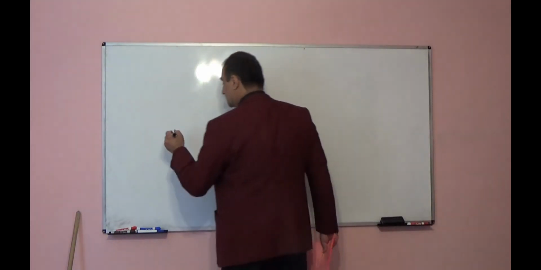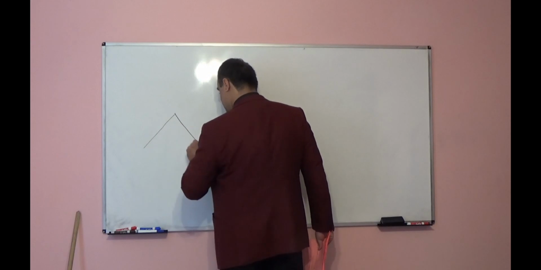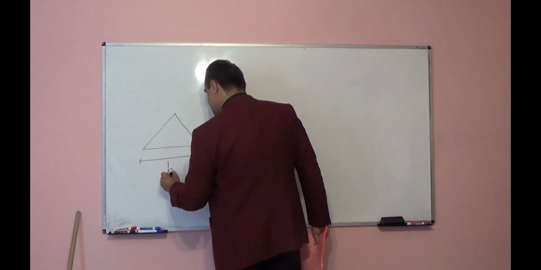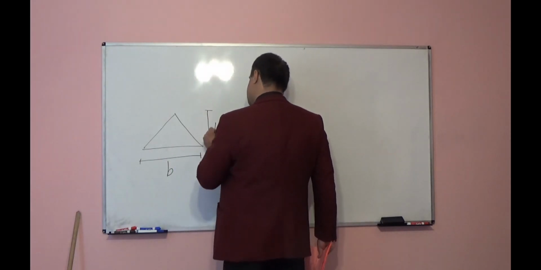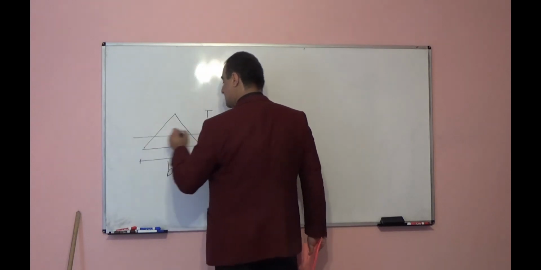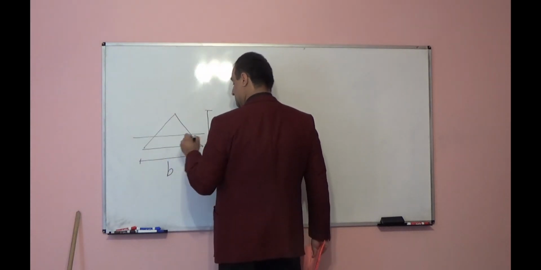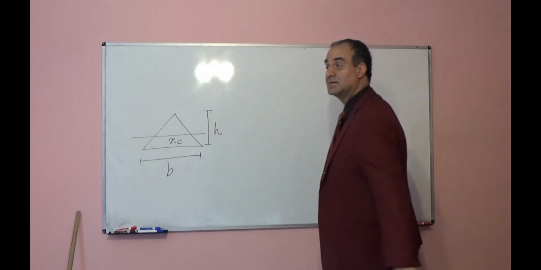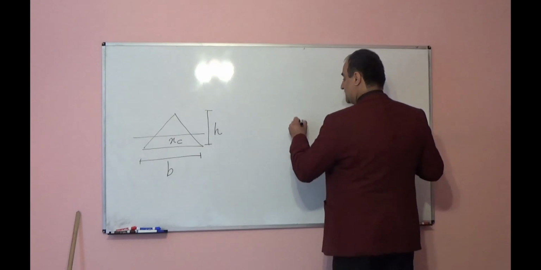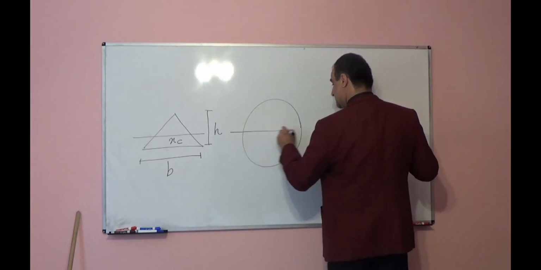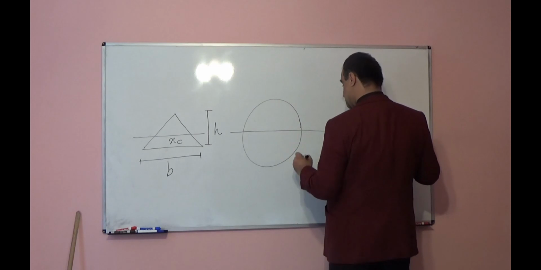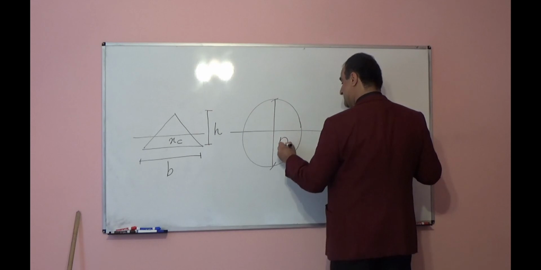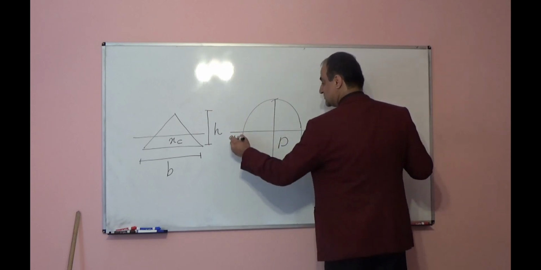As homework problems, find the moment of inertia for a triangle shape using integration. This is B and this is H. Find it with respect to the axis that passes through the centroid, for example this axis, XC. For a circular shape, again find the moment of inertia, assuming the diameter is D, with respect to the axis that passes through the centroid.